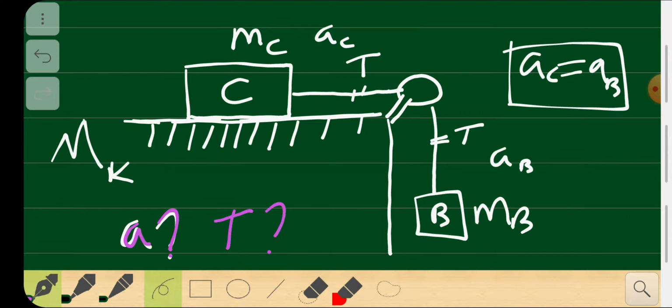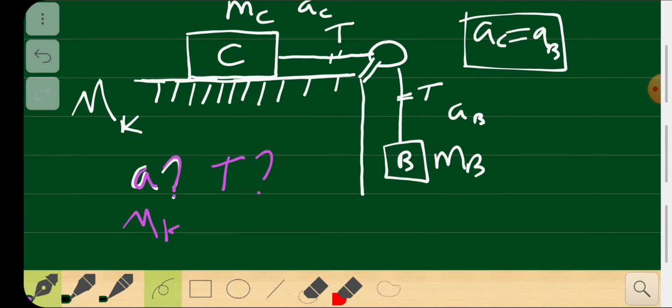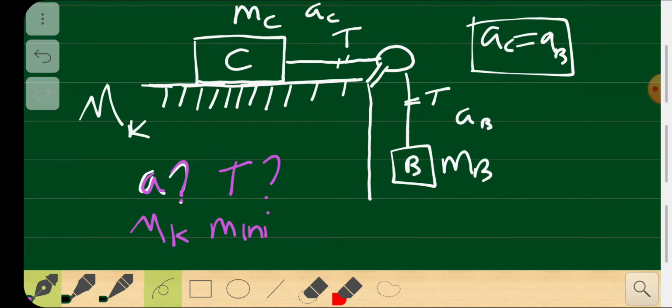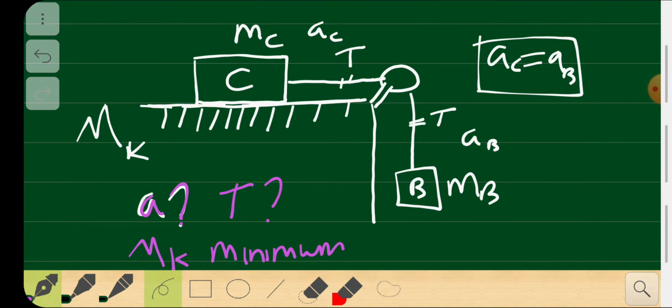And maybe I want to find out how much the minimum frictional coefficient mu k is. What is the minimum frictional coefficient required to hold this cart, to hold the weight of the block? That's the three questions that we need to answer.